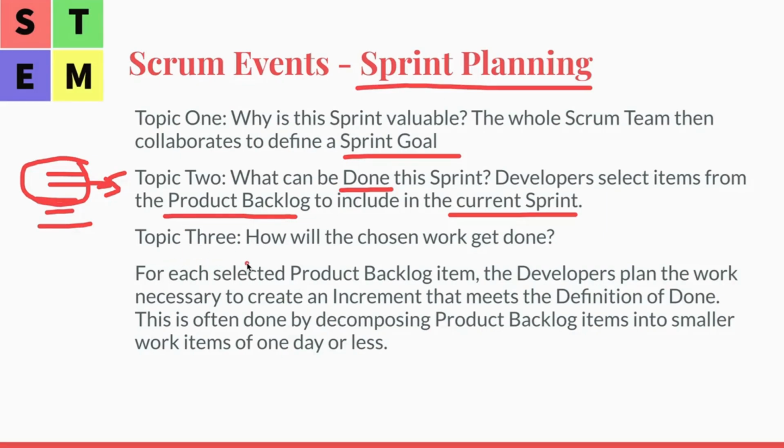Topic 3: how will the chosen work get done? For each selected product backlog item, the developers plan the work necessary to create an increment that meets the definition of done. This is often done by decomposing product backlog items into smaller work items of 1 day or less. That's very important.